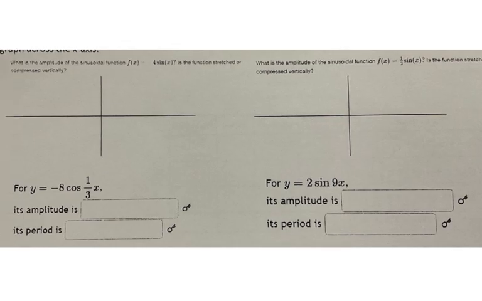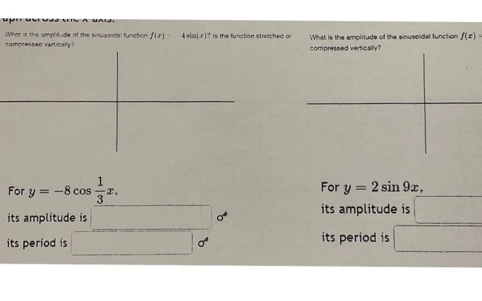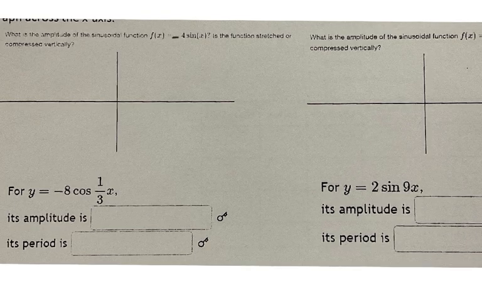What's the first question? What is the amplitude of the sinusoidal function f of x equals negative 4 sine of x? So first question, negative 4 times sine of x, what would be its amplitude?